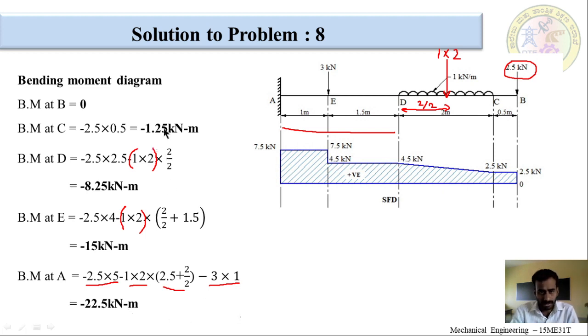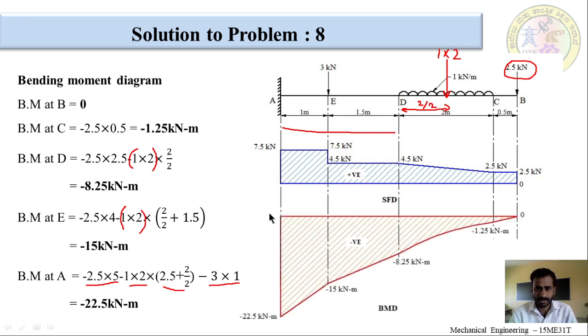Now, we will draw the bending moment diagram. So, first draw the 0 line and mark the bending moment points using these values. So, bending moment at B is 0.